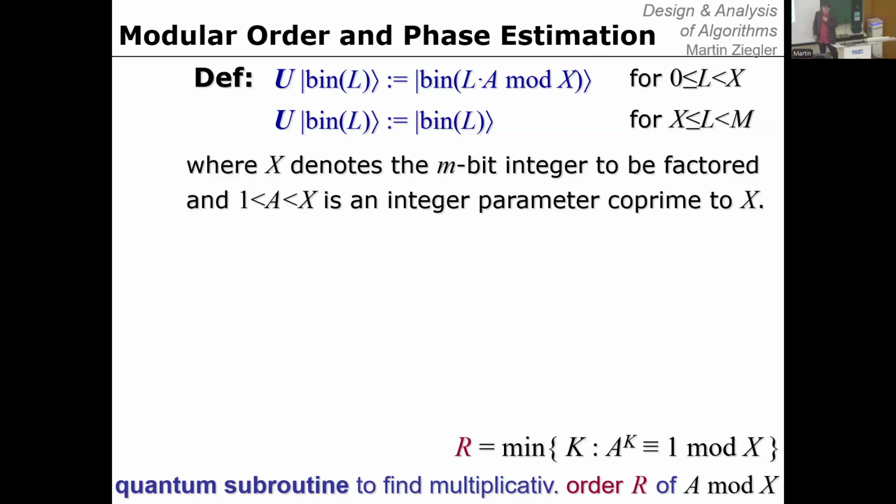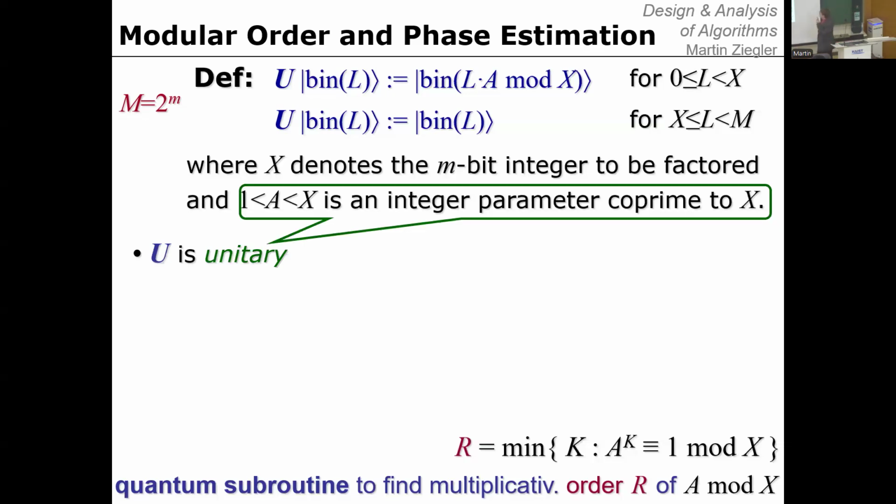We've only defined it on basis vectors, how it maps basis vectors to basis vectors, on the 2 to the m-dimensional vector space, capital M, and that this is unitary. Check it yourself. This is where it's so important that A and X are coprime to each other.